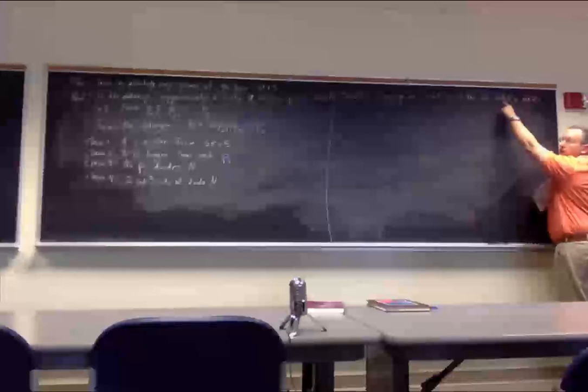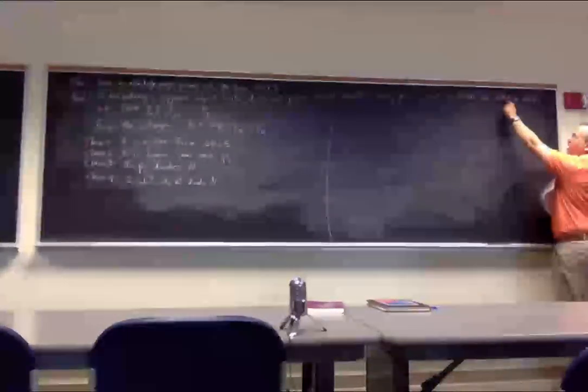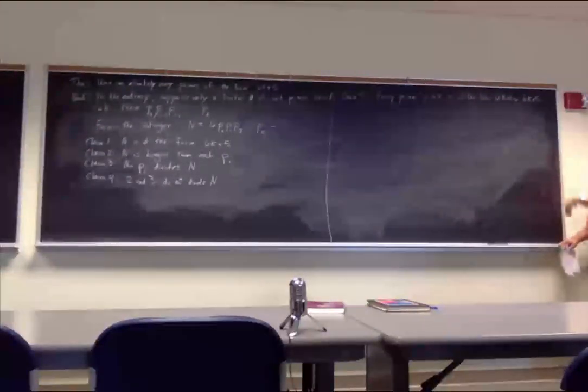And then the next claim is going to be that if I have primes of the form 6k plus 1, when I multiply them together, I'll still have an integer that's of the form 6k plus 1. So that'll be our next part.